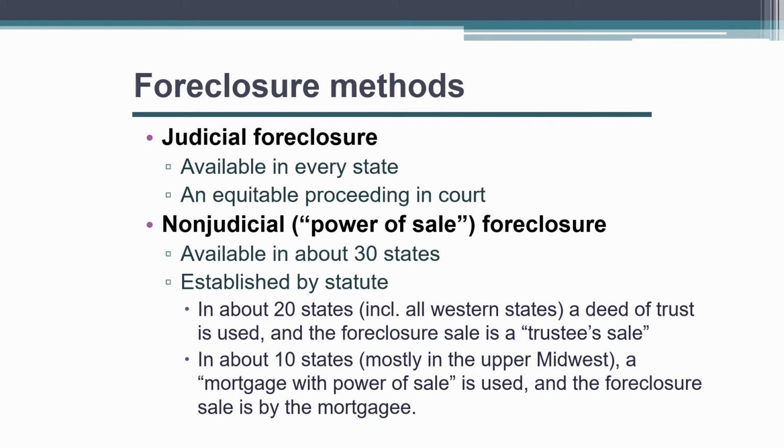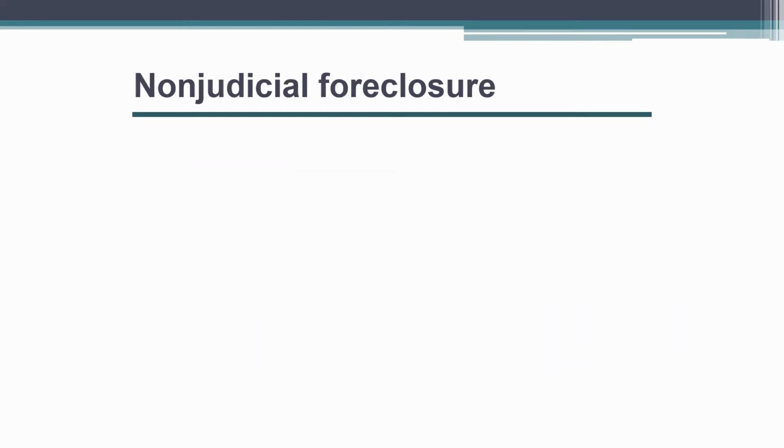Whether it's a trustee's sale or a sale by the mortgagee, a non-judicial foreclosure usually involves sending notice by mail to the parties, the junior interest holders, putting notice in the newspaper, posting notice on the property, sometimes posting notice on the courthouse door, and then the trustee or the mortgagee can conduct the sale without any judicial supervision.